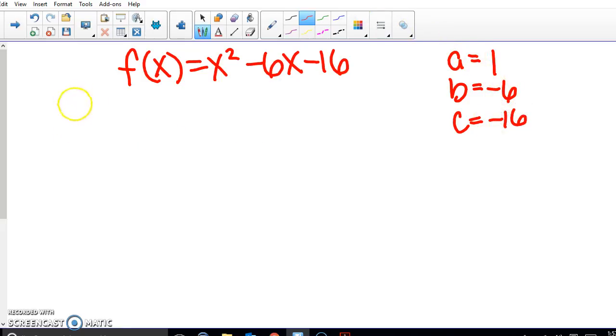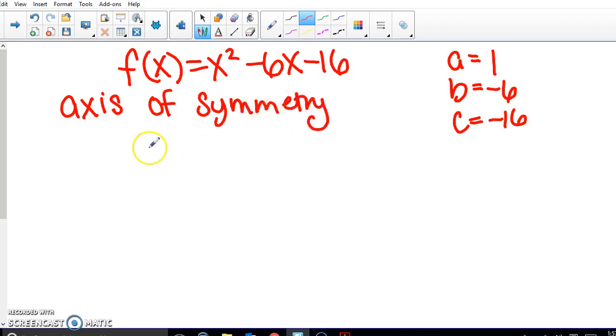We're going to find the axis of symmetry first, and this is the vertical line that cuts our parabola in half. It'll be going through the vertex. And the way we're going to find that is using the formula x equals negative b over 2a.